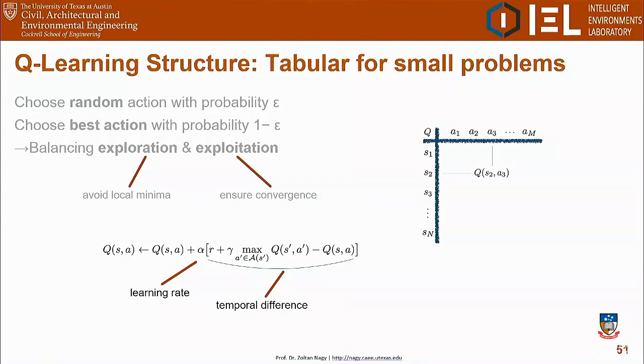Then we have our discount factor. As I mentioned earlier, the bigger our discount factor, the more we look ahead in the time horizon, trying to optimize the long-term sum of the rewards. And if our discount factor is close to 0, then we are focusing on optimizing only the immediate rewards, as all this term will be equal to 0.